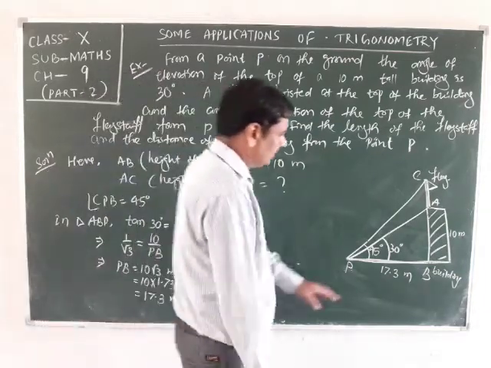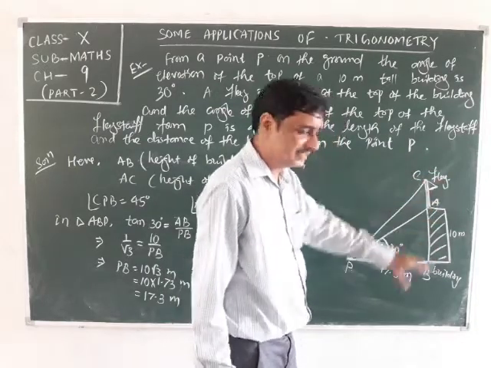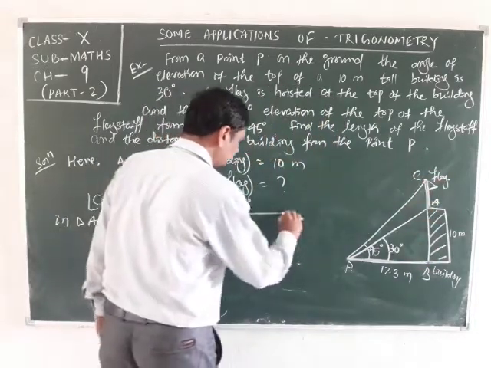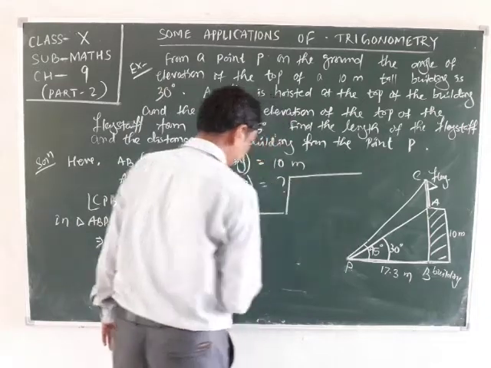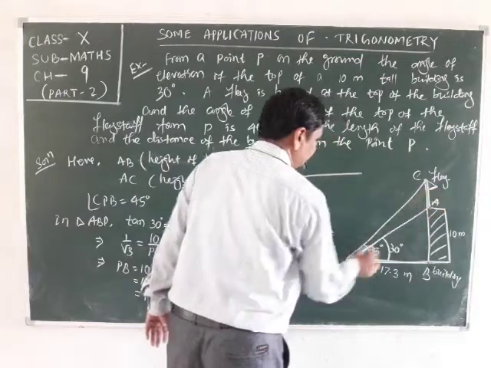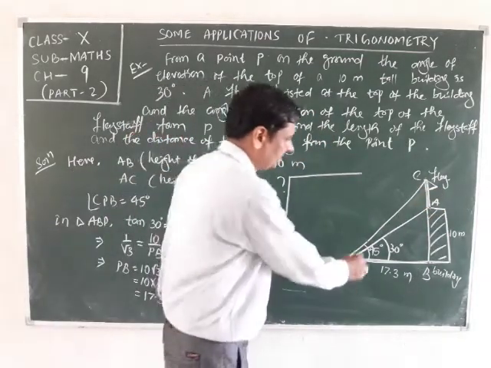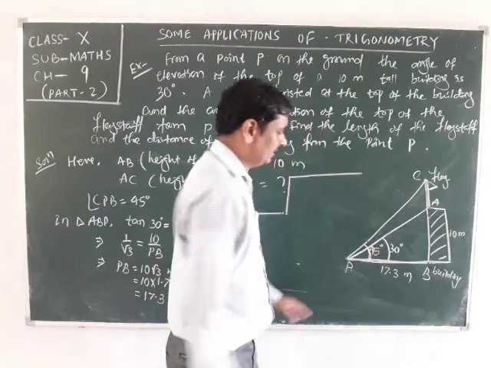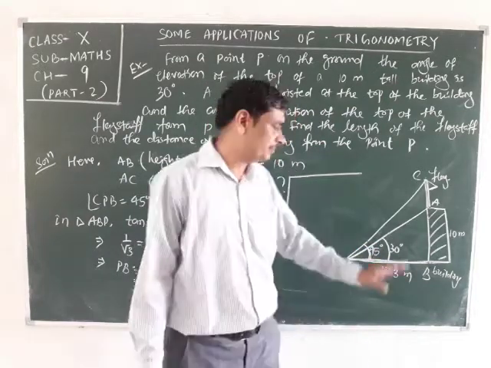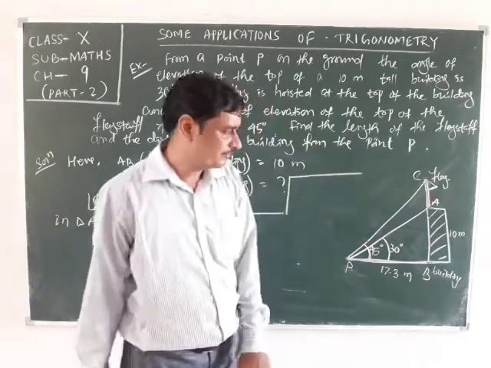Now we will take triangle CBP to find the length BC. In triangle CBP, it is given the angle is 45 degrees, that is the angle of elevation from the point P to the top of the flag.